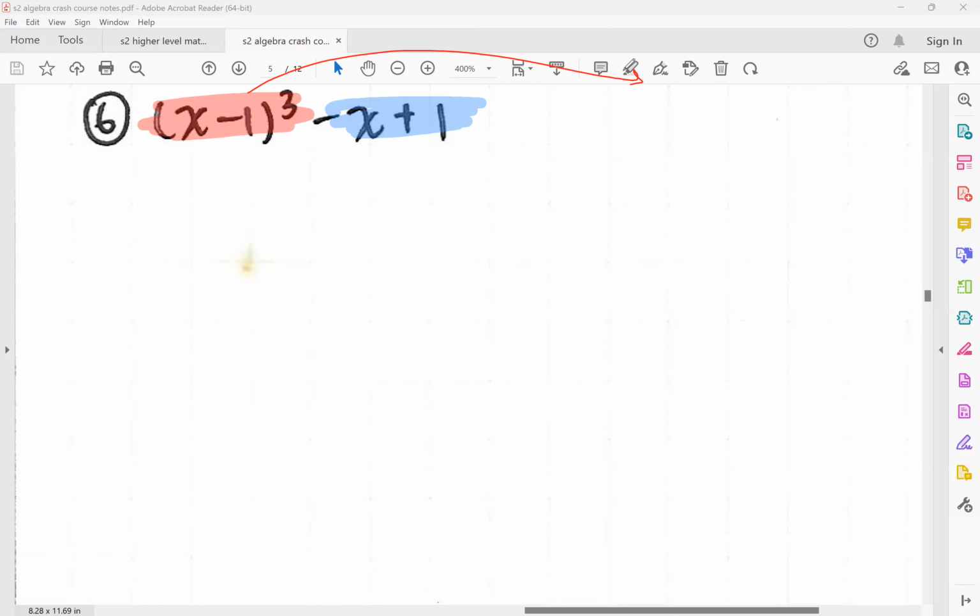Write out the x minus 1 three times. Which concept? You're close. Which concept? Hmm? Yeah, so what can I... This looks like what? The x minus 1 cube looks like what? What concept can we use?